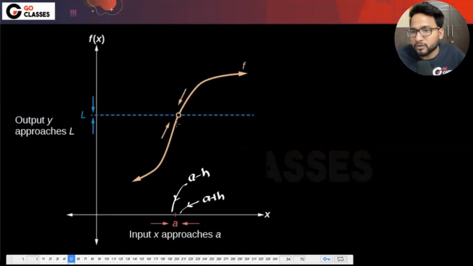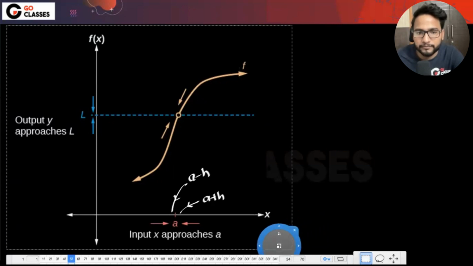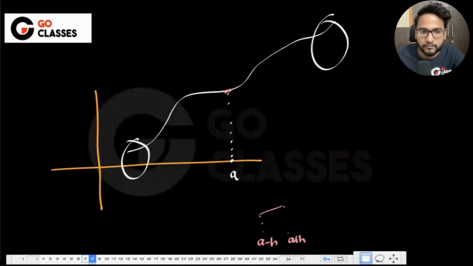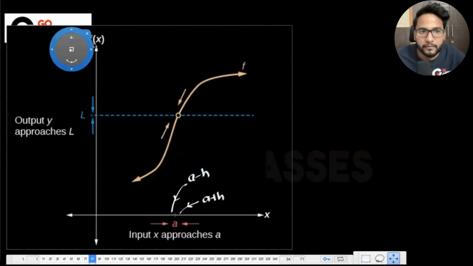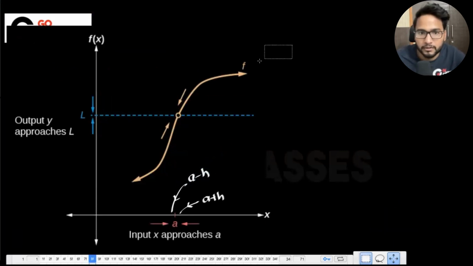The function is approaching the same value, which is L, which means it is not the case that if you come from the left it differs. Maybe I can draw a different diagram.